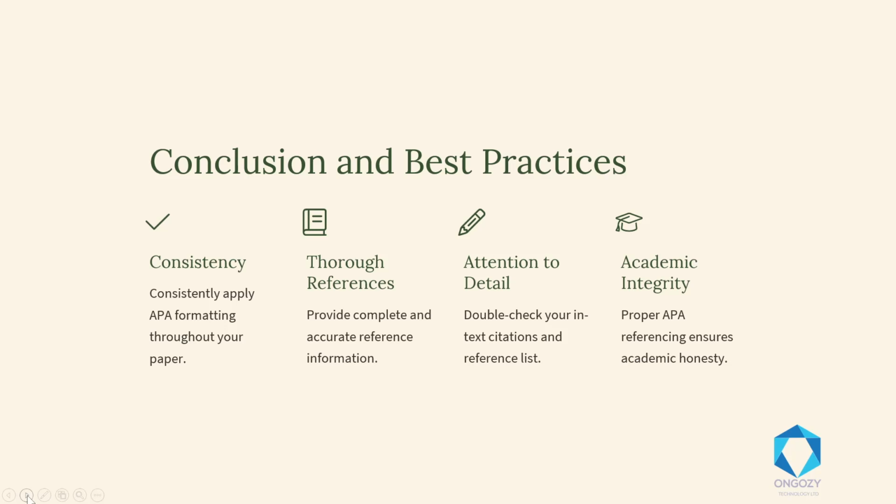Ensure that all the authors you have put in text, all your in-text citations, are appearing on your reference list. Then attention to detail, you double check your in-text citations and the reference list. Ensure that all the work you have done, or your research paper, is properly referenced and cited to ensure academic honesty.